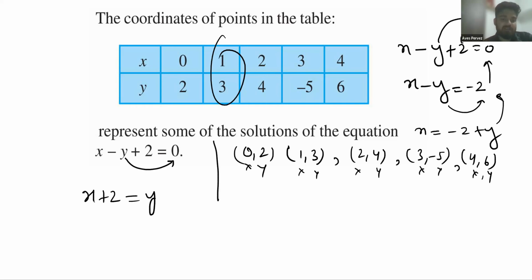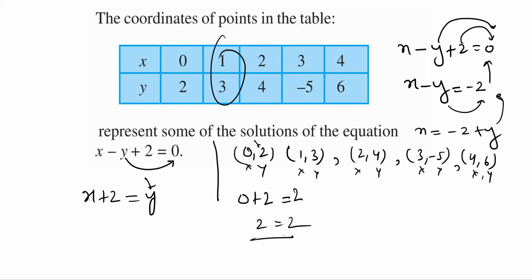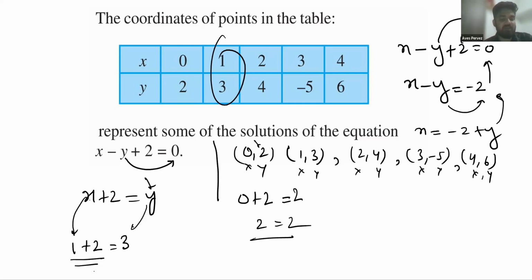Now check x plus 2 equals y. 0 plus 2 equals y, and the y coordinate is 2. So we get 2 equals 2. Yes. Now second, x is 1, 1 plus 2 equals y, and y is 3. You will get 3 equals 3. Yes, this is also satisfying.